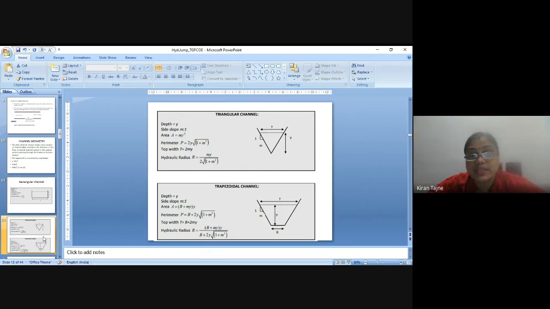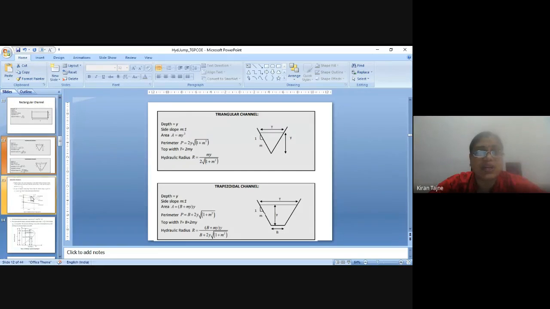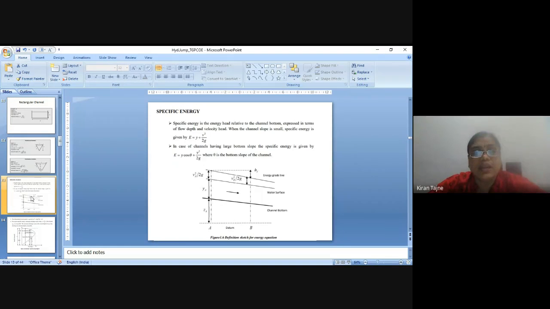And hydraulic radius is B plus my into y upon B plus twice y under root 1 plus m square. These expressions or derivations will not be covered in today's lecture. We'll focus on the basic concept of these important parameters.